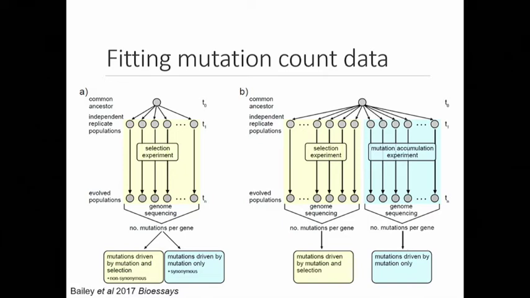So we can look at the mutations in that data set and assume they are just a reflection of mutation rates. Whereas the mutations we see in the selection experiment, where there's selection for whatever environment they happen to be using, have come about through a combination of mutation rate heterogeneity plus some selection.